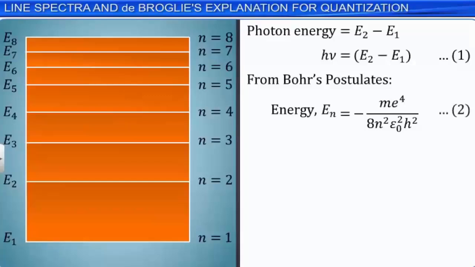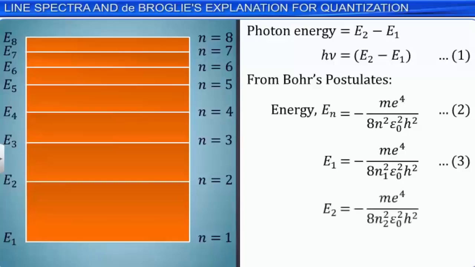Let this be equation 2. Now using the result of equation 2 for n1, the energy E1 is equal to minus m e power 4 by 8 n1 square epsilon naught square h square. Let this be equation 3. Similarly, for n2, the energy E2 is equal to minus m e to the power 4 by 8 n2 square epsilon naught square h square. Let this be equation 4.